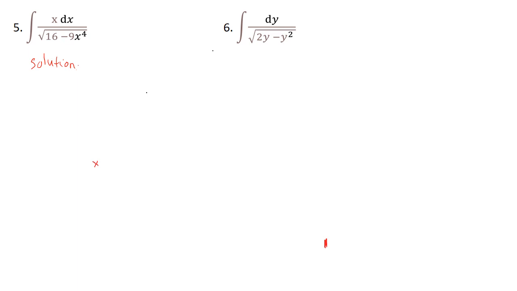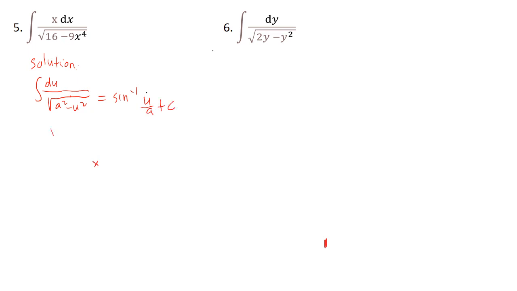This one is the form of integral of du over square root of a squared minus u squared equals arc sine u over a plus c.